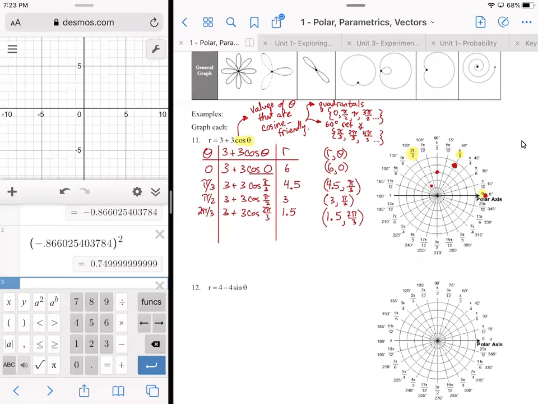You could say, well, I'm choosing the best possible values for cosine so that when I put it in my calculator, I'm going to get 6, 4.5, 3, 1.5. I don't have to jump through too many hoops. All right. So then next up would be pi.